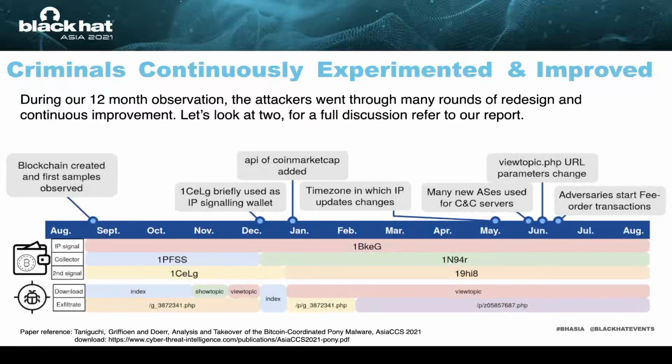We tracked the Pony malware authors for the course of one year, and we continuously observed them, and we saw that they went through many rounds of redesign and continuous improvement. For instance, they experimented with different tactics for reaching the wallet. They added more APIs in order to make it more resilient. We also saw that they were using different techniques and changing them over time for signaling the IP address. We refer to these as the time lag and the fee order strategy, and we will discuss more details about that later.